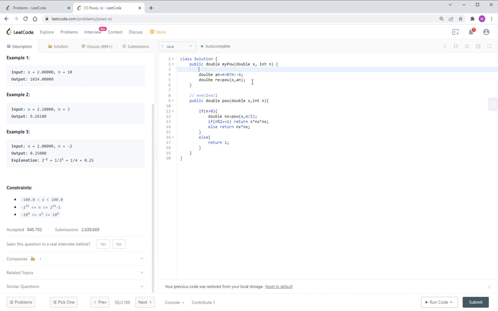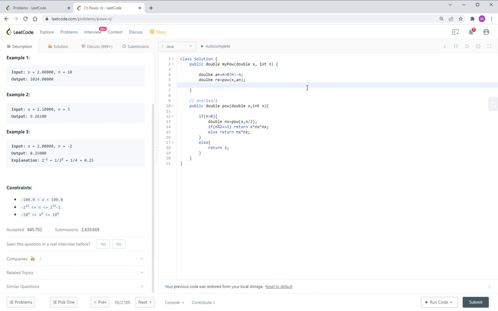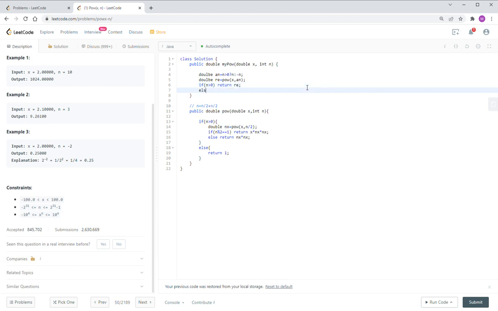And then we consider this one. If n is more than 0, we return the value, else return 1 divided by the return value. Okay, so LeetCode is finished, right?